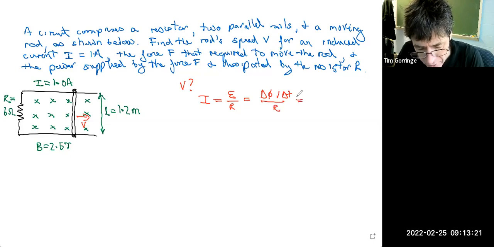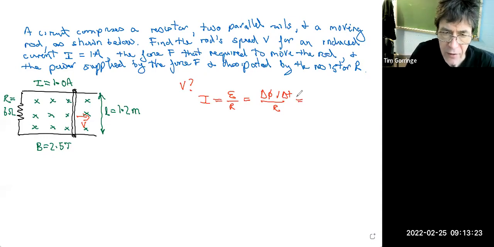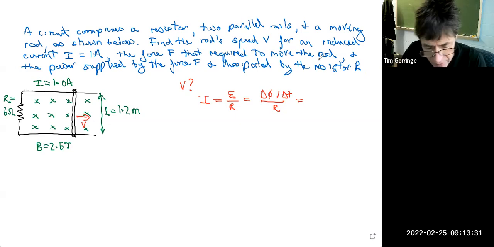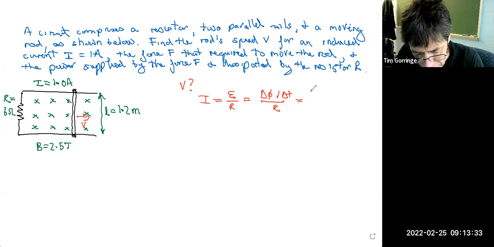And in turn, when you have a changing flux due to a moving circuit or a moving component of a circuit, that rate of change of flux can be written as B times L times V.